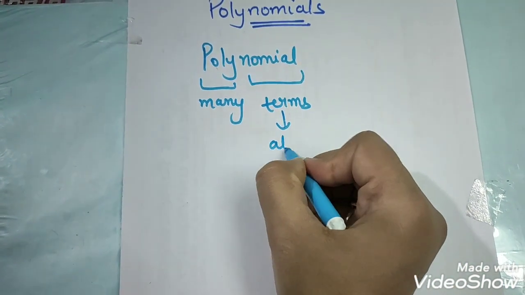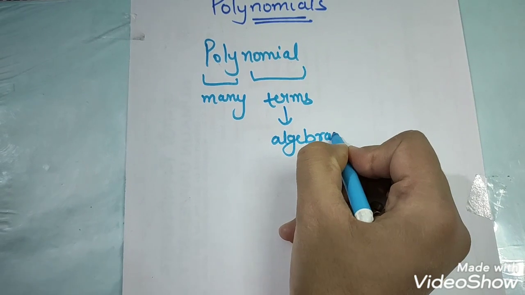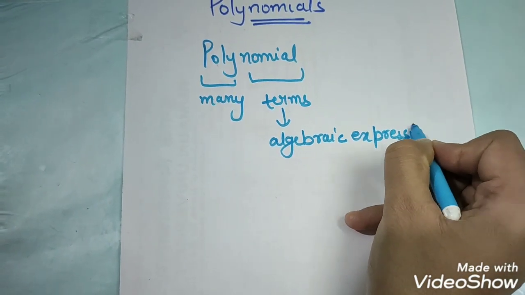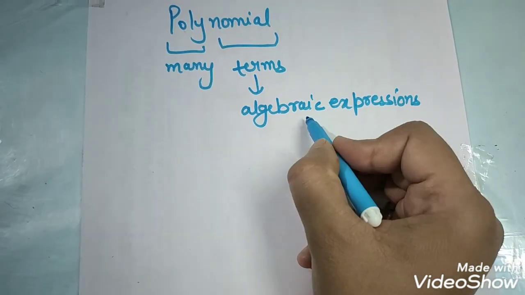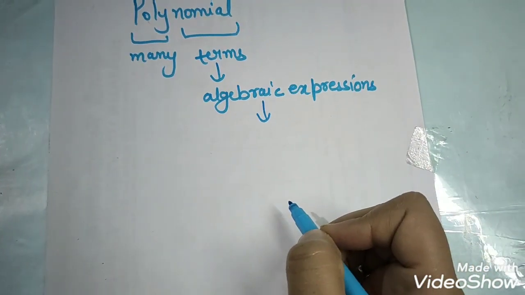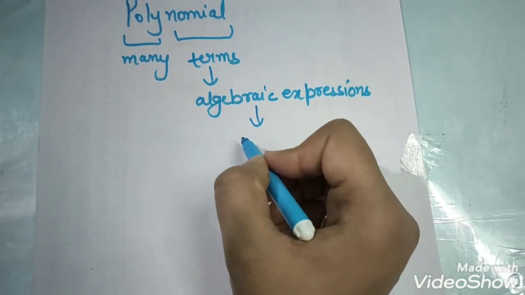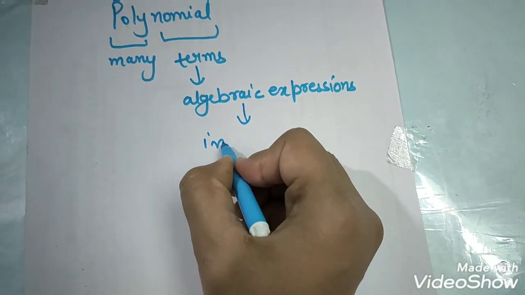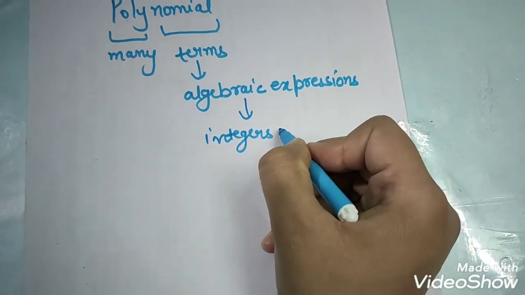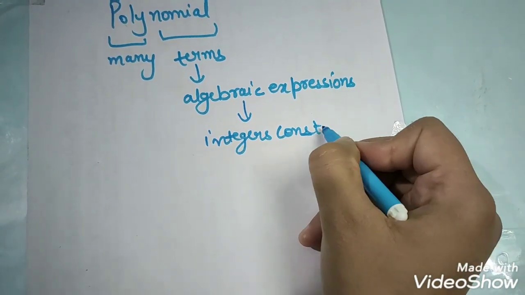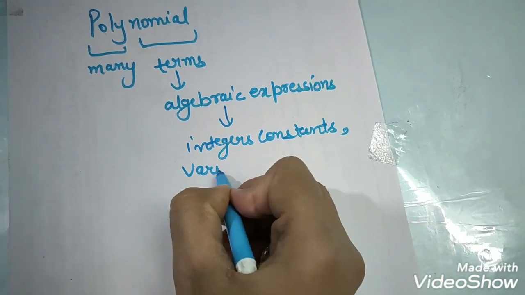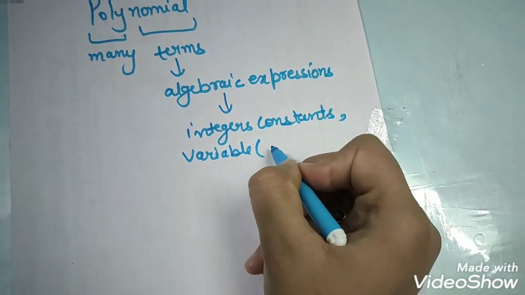And what are terms? Terms are algebraic expressions. An algebraic expression is built of integer constants, variables and operations. What are variables?